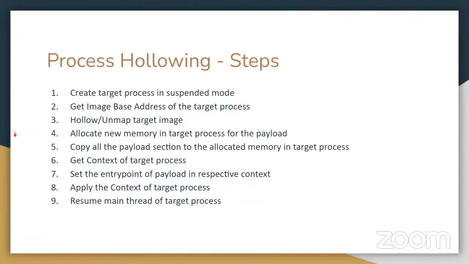After we hollow out that target image, we will allocate new memory at the same image base address for our payload. After that, we will copy all the payload sections and headers to the newly allocated memory in the target process. Then we will change the context of the target process. After that, we will resume the main thread of the target process.